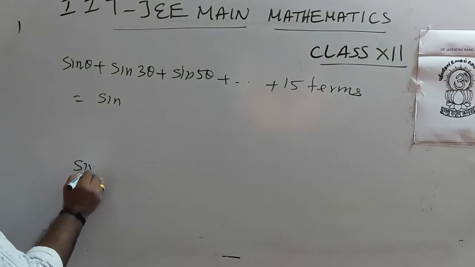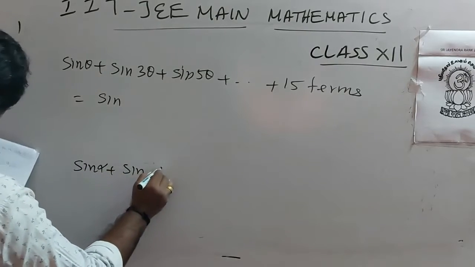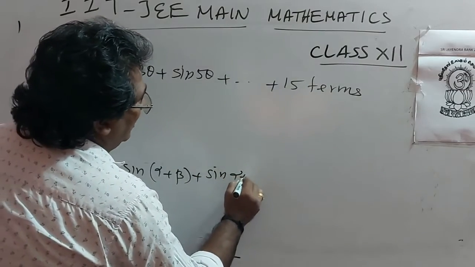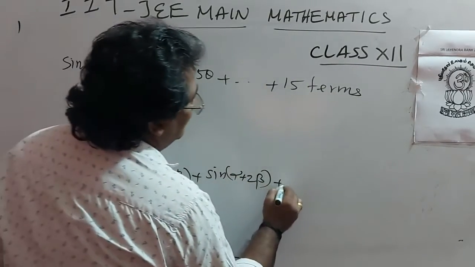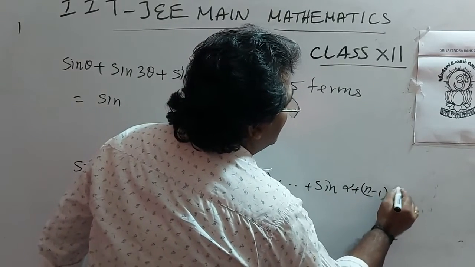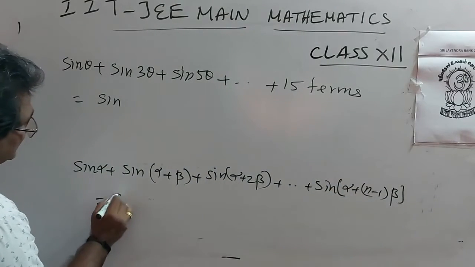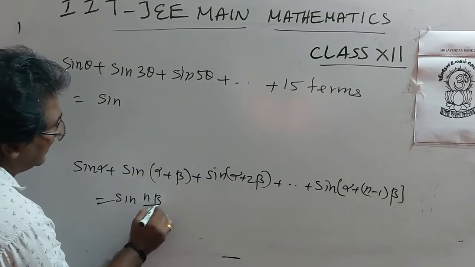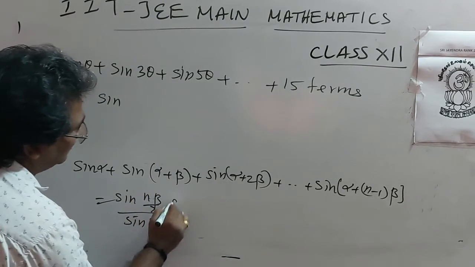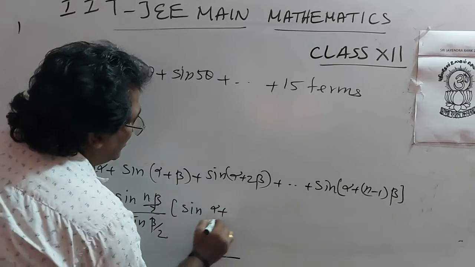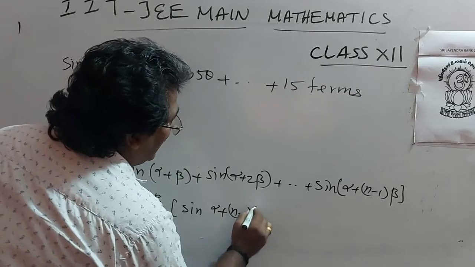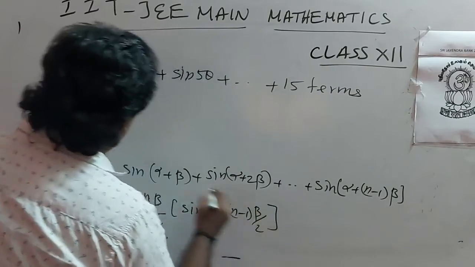We have one formula: sin alpha plus sin (alpha plus beta) plus sin (alpha plus 2 beta) plus extra terms up to sin (alpha plus (n minus 1) beta) is equal to sin (n beta by 2) divided by sin (beta by 2) into sin (alpha plus (n minus 1) beta by 2).